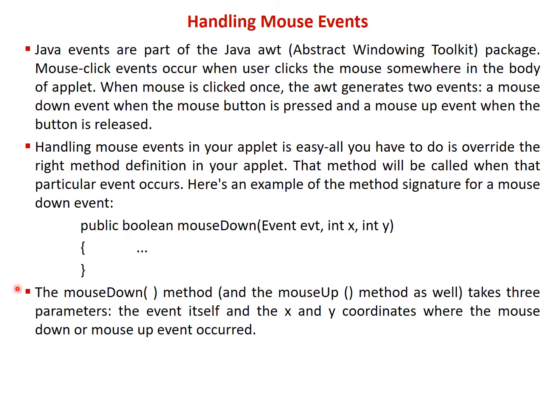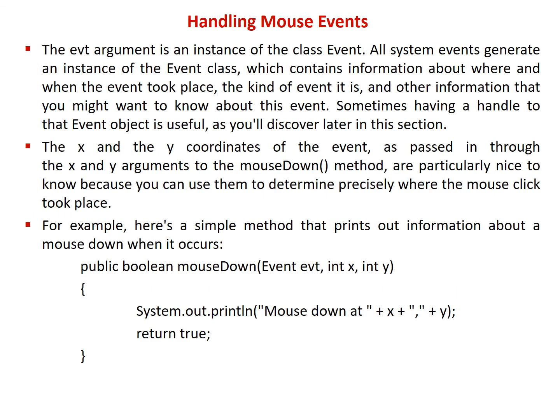The mouseDown method, and the mouseUp method, take three parameters: the event itself and the x and y coordinates where the mouse down or up event occurred. The evt argument is an instance of the Event class.